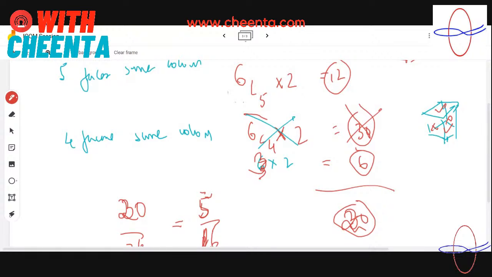Now imagine the cube in your mind's eye. Four vertical faces the same color is equivalent to saying that the other two opposite faces must be the other color and the same color, right? Suppose the four vertical faces are red, the other two opposite faces must be blue. Or suppose the four vertical faces are blue, the other two opposite faces must be red.